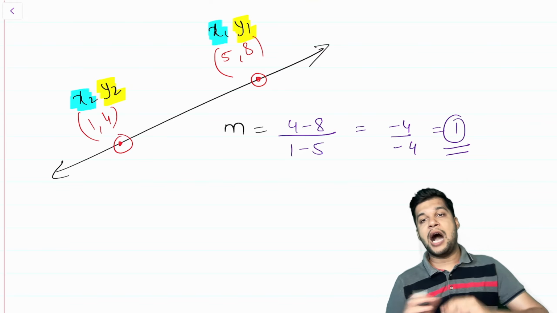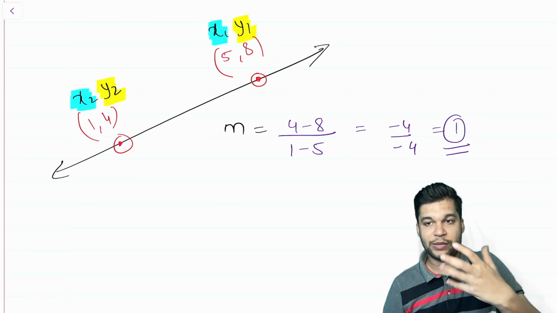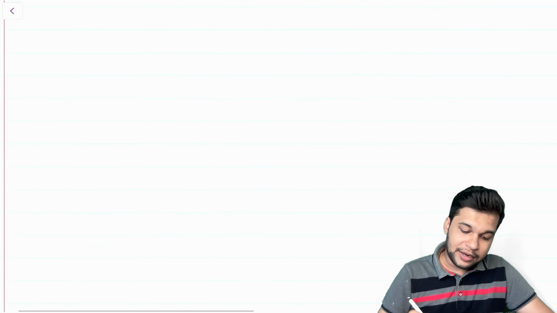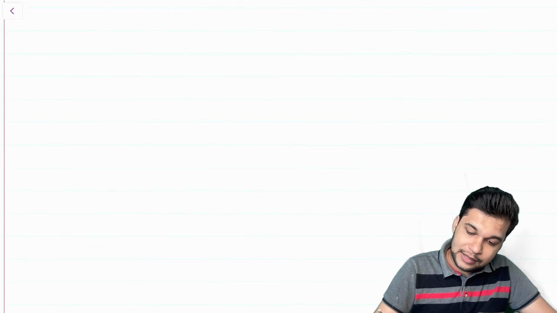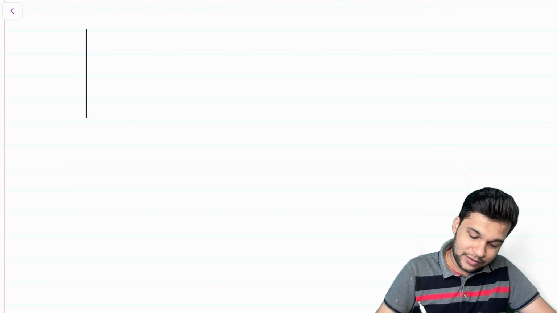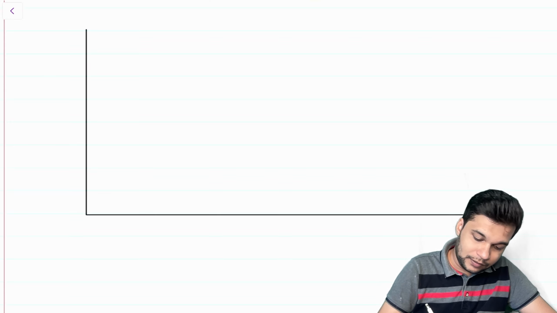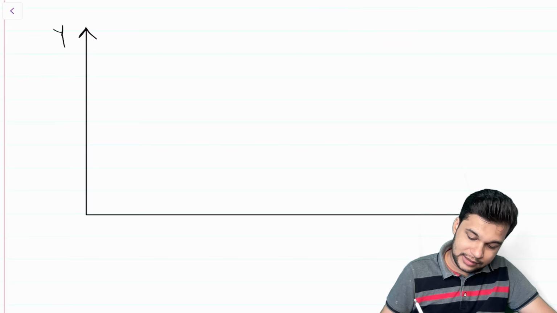Now the question is, how do I get this value y2 minus y1 upon x2 minus x1? So let's quickly look at it. Let's say I'll draw the Cartesian plane for you. So let's say this is your y-axis, this is your x-axis, this is your origin.